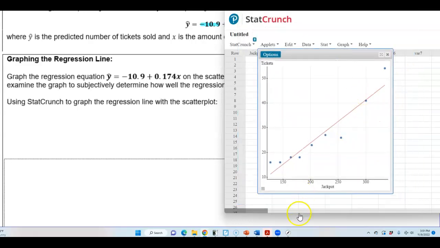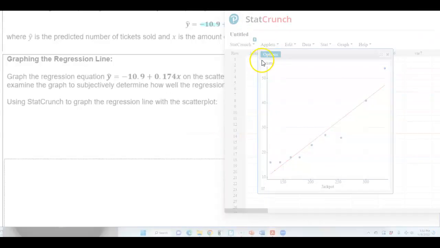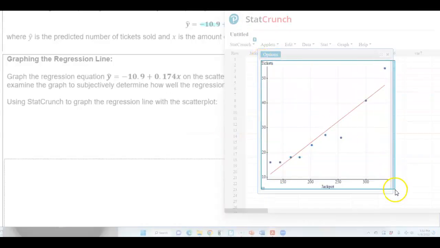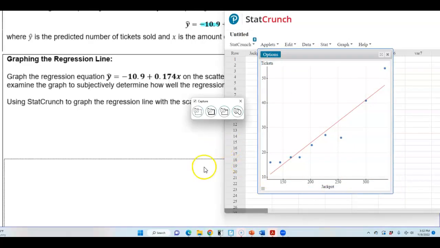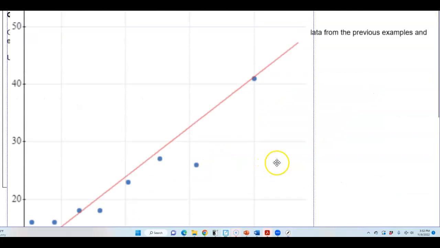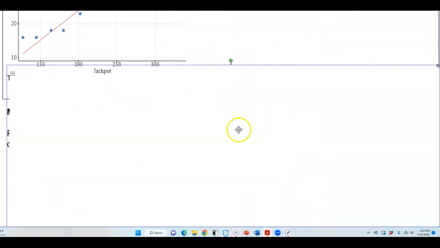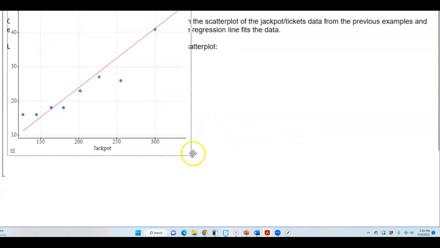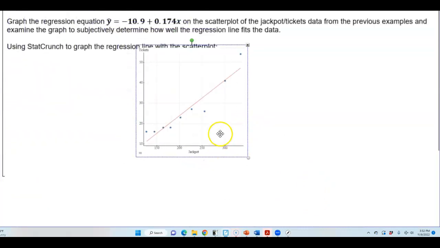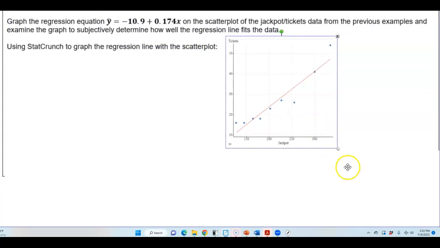Now we can see that line here that we graphed. So let's go ahead and label that graph. Here's our graph.